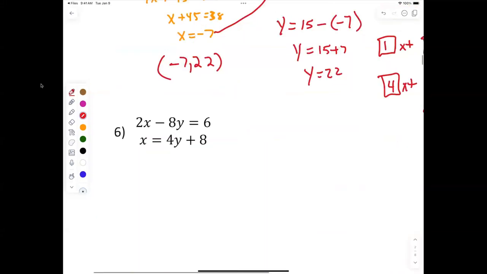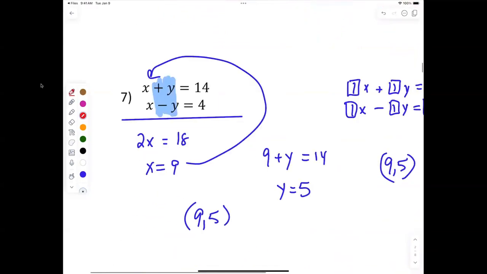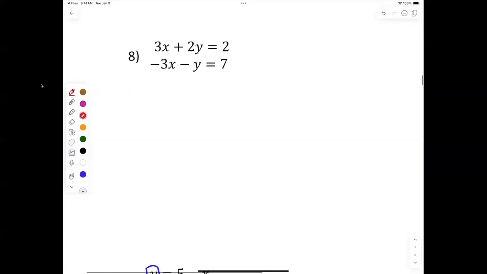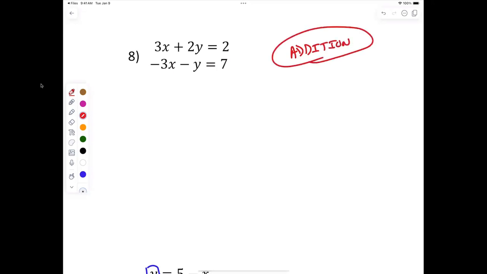Now, let's go ahead and do number 8. Everybody's on number 8, please. Now, this is just called the addition method. Why is it called the addition method? Because when I add them, what's going to happen to the two x's?